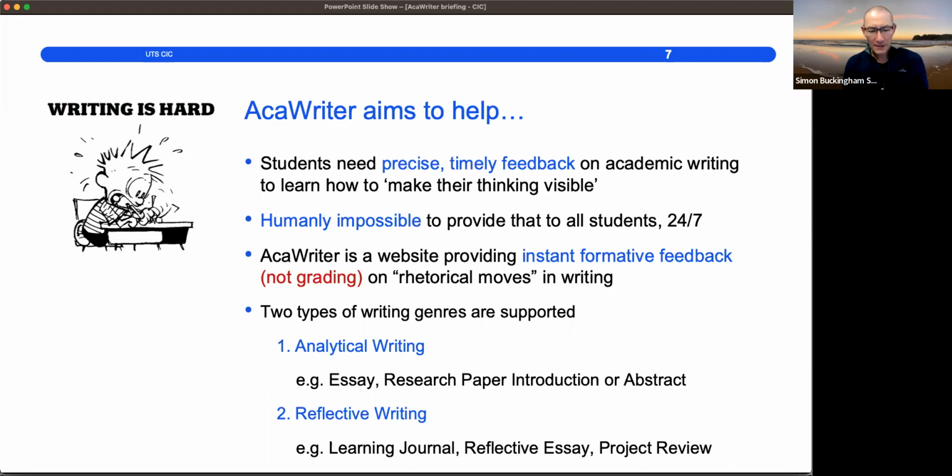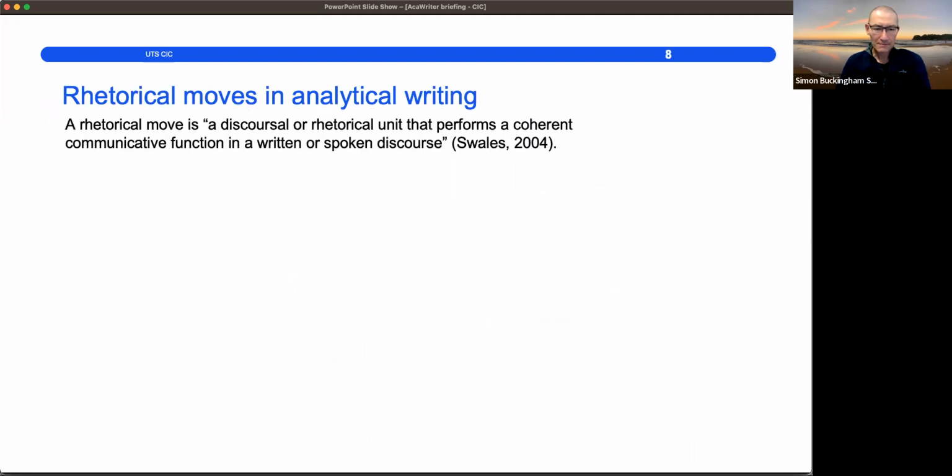And then we have the reflective writing genre: the learning journal, the reflective essay, the project review. Now I'm writing in the first person, and as we will see, I'm doing all sorts of things that we don't normally do in analytical writing. And often students and academics and tutors don't have good language for talking about what we mean by good reflective writing. Okay, so let's think about analytical writing.